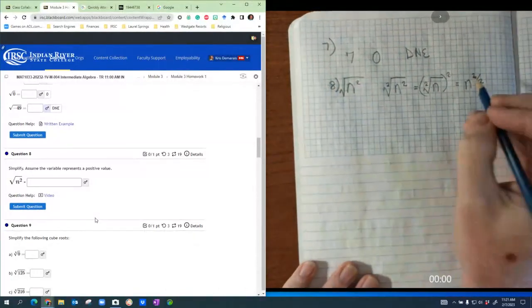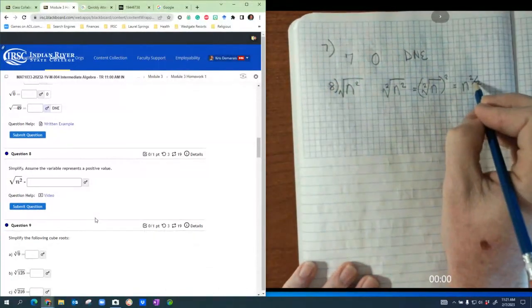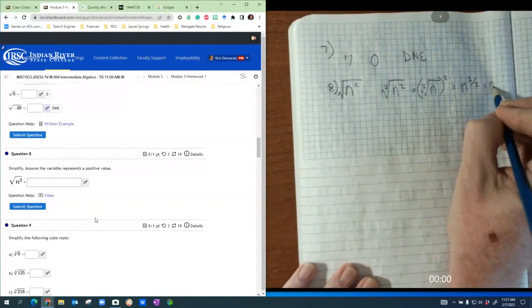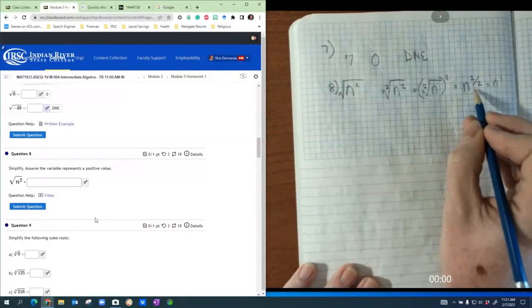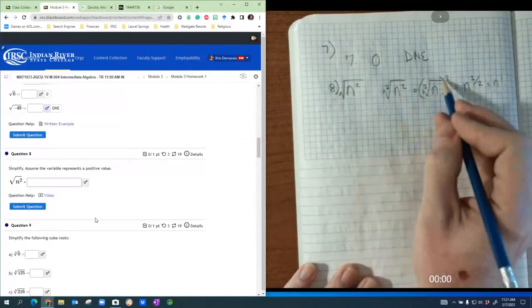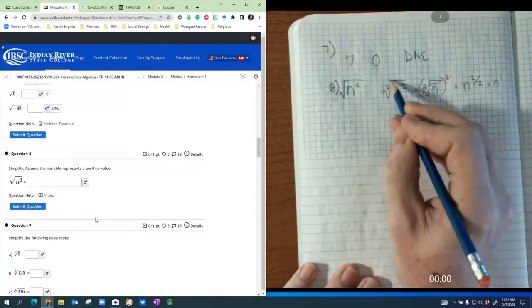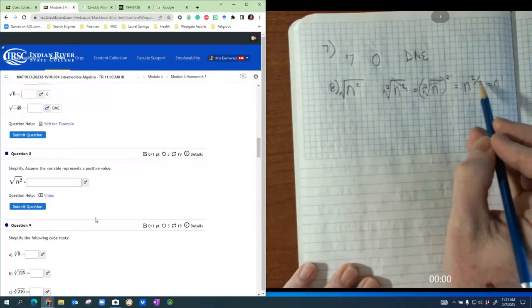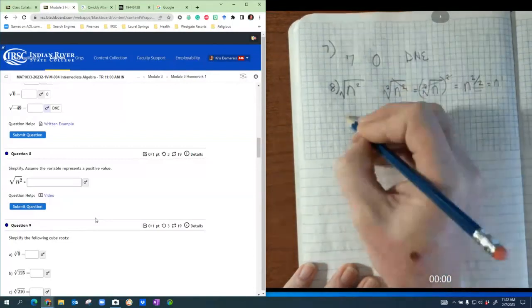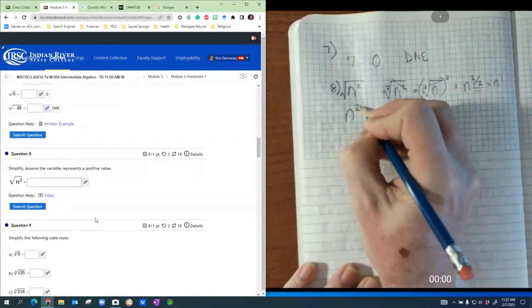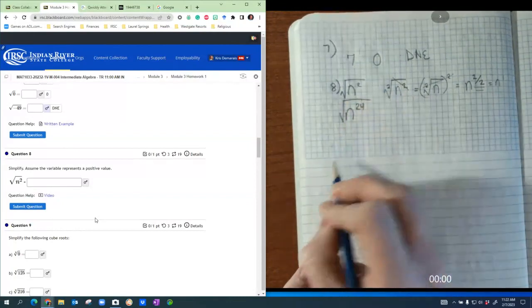squared. And notice this one is the most critical one, is that this is 2 divided by 2 is equal to 1, right? And the reason why I want you to see that one, and all these, yes, while these also cancel each other, this is the one that I wanted you to focus on, because what about if I had n to the 24? You take the square root of it.